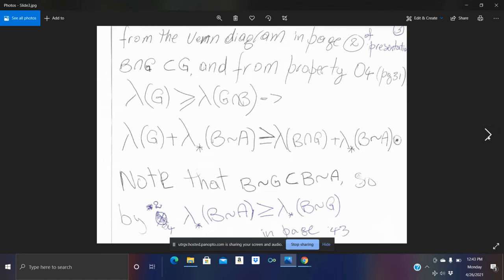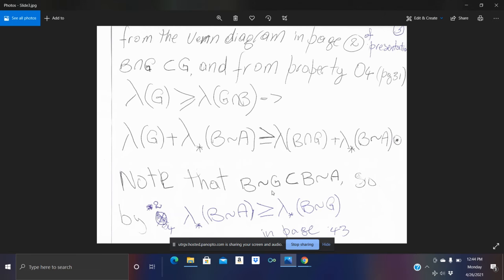So because of that, we can apply property 04 on page 31 of the Jones book. Since G is a superset of G intersection B, we can say the measure of B is greater than or equal to the measure of G intersection B. From there, we can add the inner measure of B minus A on both sides of this equation.